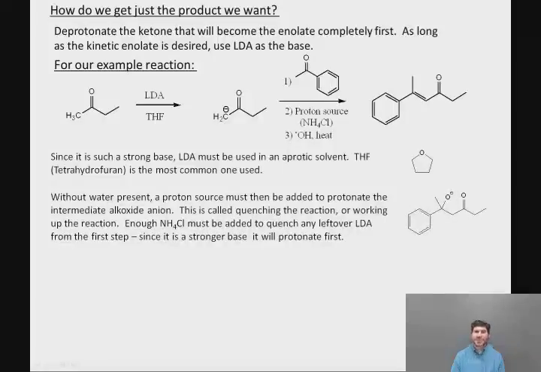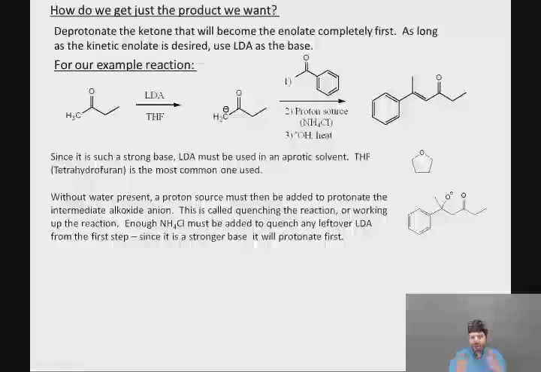So, second of all, this reaction differs from previous aldol condensations in that we are carrying it out under non-aqueous aprotic conditions. Okay, so water is not present in this reaction, at least not at first.